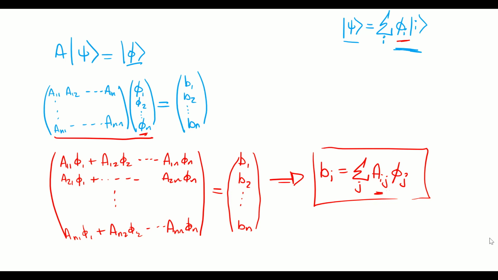Next video, we're going to look at some specific operators and flip the question around. We've approached this from having the eigenvectors and eigenvalues for our Sz operator. We're going to flip that around and say, okay, what operators do we have in the matrix notation?